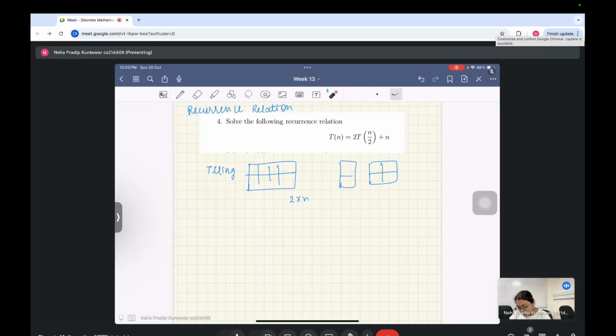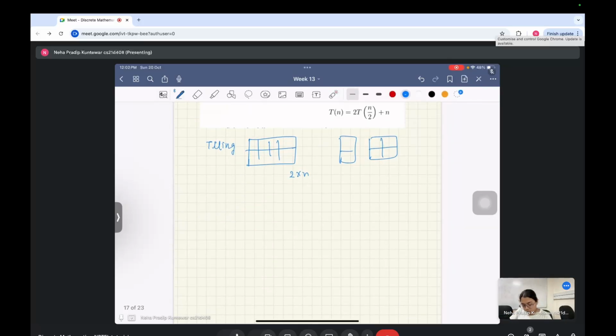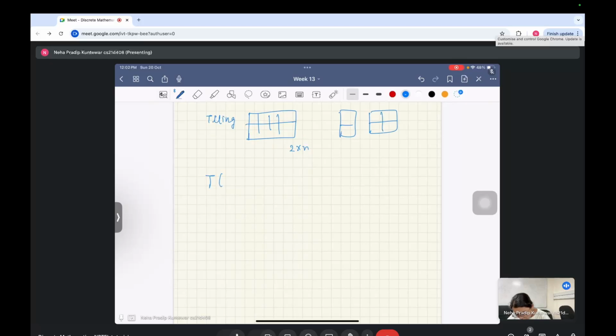So what we said is, in order to find the solution for n, by n I mean the total number of columns here, I could place one tile here like this and cover these two blocks, and then I can simply solve it for the 2 cross n minus 1 board. So this is T of n minus 1.